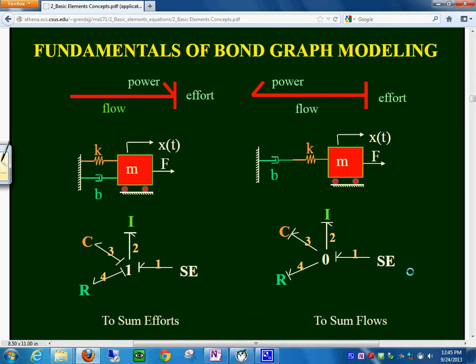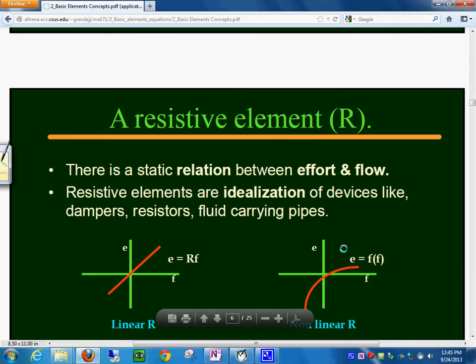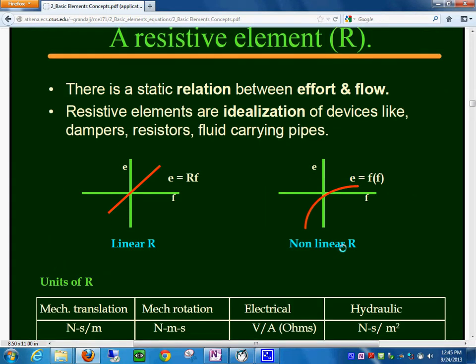All right. Now what I would like to do is to take a look at the different elements, and we are going to start with the R element. The R element is an element whose characteristic is a relationship between the effort and the flow.